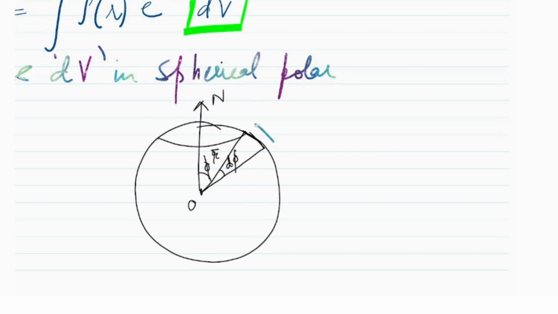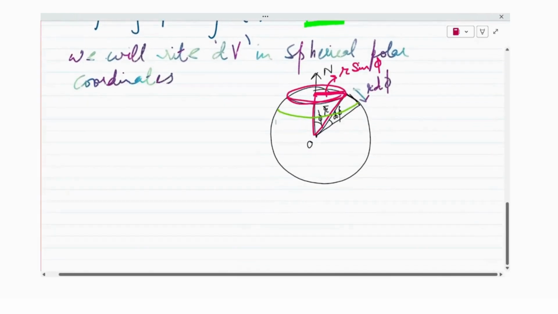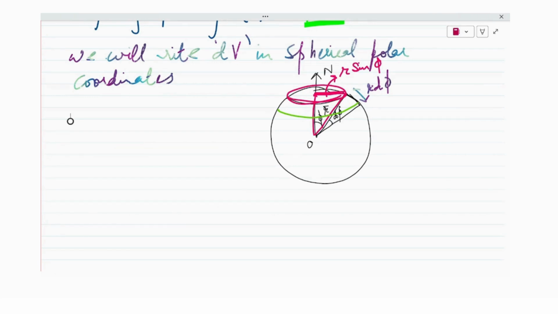Now the arc length will be r d phi, and the radius of this annular ring is r sin phi. Now we will consider that this sphere is made up of a series of annular rings having a width of r d phi, and its volume will come out to be the circumference of this annular ring multiplied by the width and the thickness.